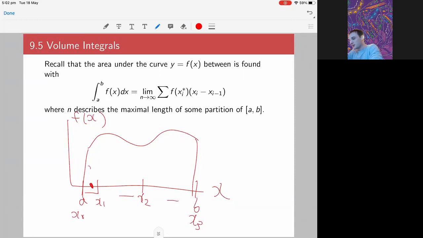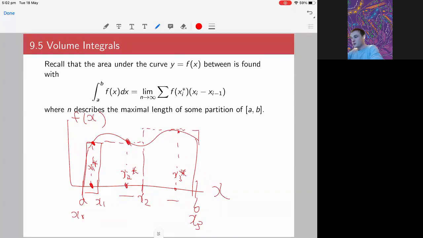Let's call them x1 star, x2 star, and x3 star. You look at the height of the function at these 3 points, and you say, I reckon that the height of the function at these 3 points is quite representative of the height of the function in a neighborhood of these points, in fact, all the way up to the subintervals we're interested in.